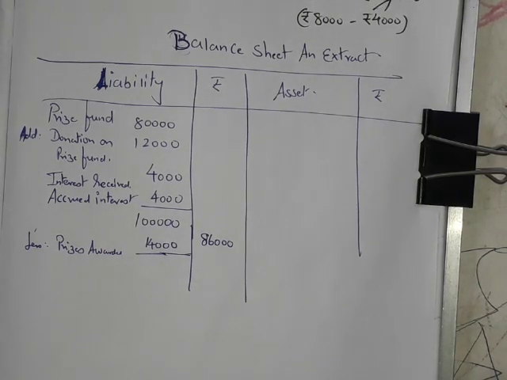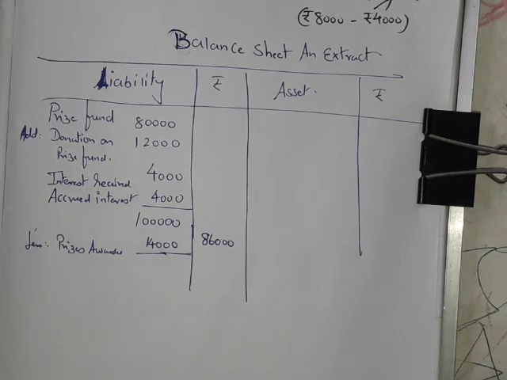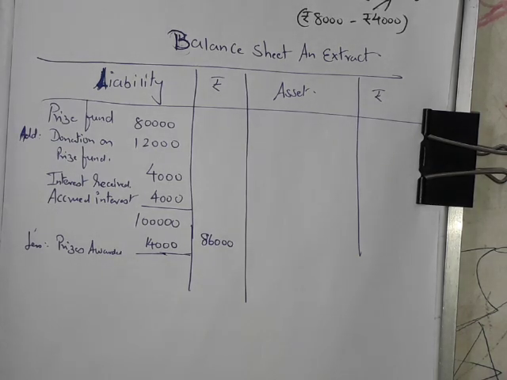Right. The next segment, and it's the last one, is expenditure on construction of pavilion during the year was rupees 6 lakhs. The construction work is in progress and it is not yet completed. Pavilion fund as on 31st March 2019 is rupees 8 lakh, and donation for the pavilion fund which was received on 15th September 2019 is rupees 10 lakh.